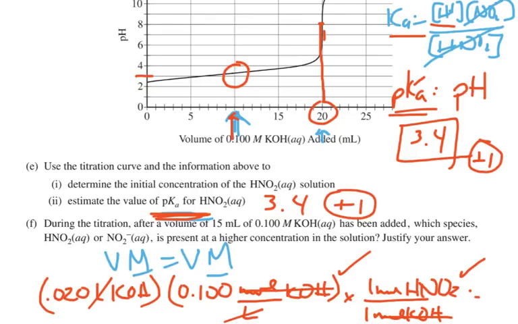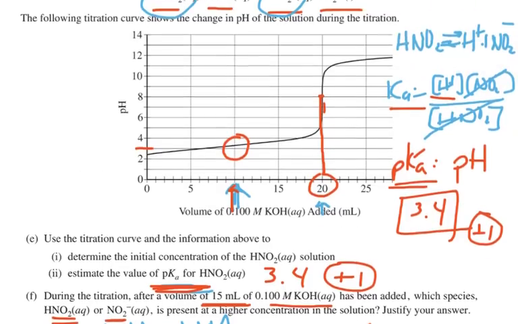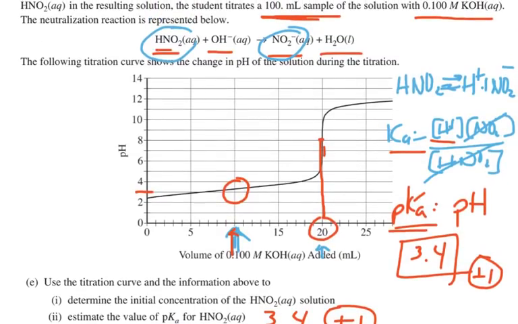Now, during the titration, after a volume of 15 milliliters of the KOH has been added, which species do we have more of? Okay, so what's going on as we go, we are taking our HNO2 and changing it into NO2 minus. At this point, we were 50-50 on those two, so now it says, well, what about when we get here?